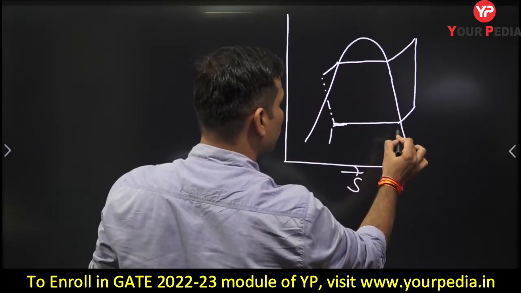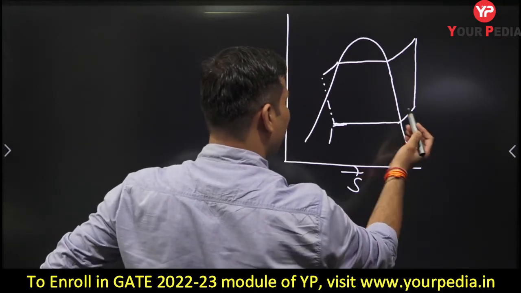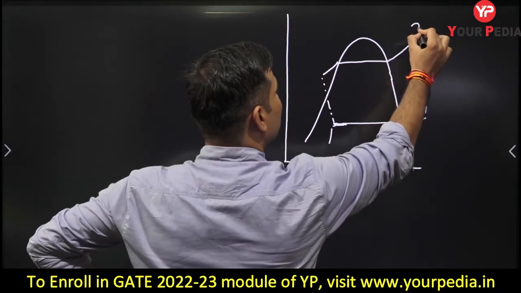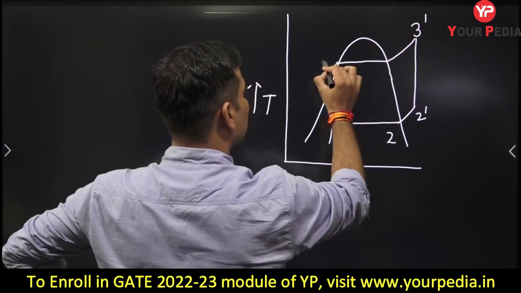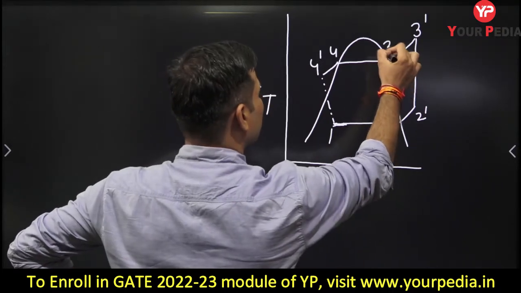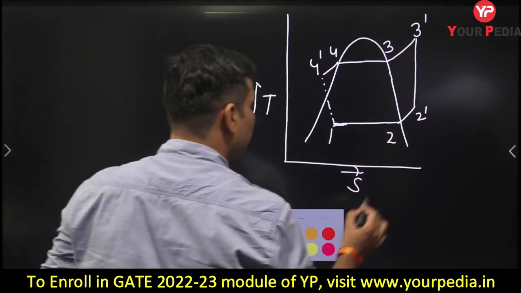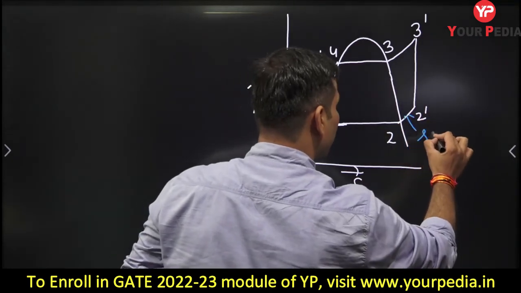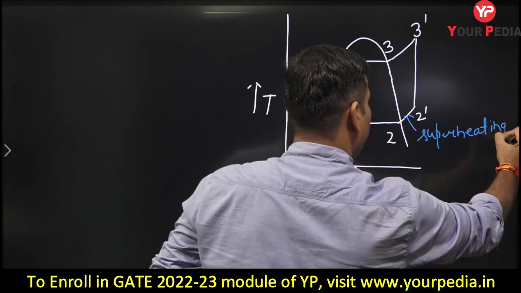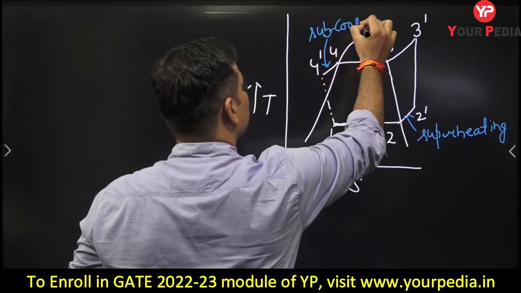So this is 1, suppose this is 2, and let me mark this as 2. So this is 1, this is 2, and suppose this is 2 dash, and this is 3 dash, suppose this is 4 dash, this is 4, and this is 3, for example. Okay, so now this is superheating, and this is subcooling.